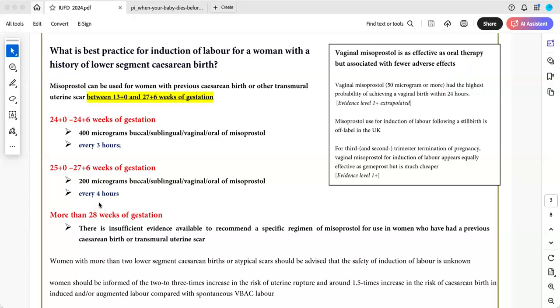So please, my dear friends, take a note here, because we speak here about the late intrauterine fetal death, 24 to 24 plus 6, that 400 microgram every 3 hours, 25 to 27 plus 6, 200 every 4 hours. But once we have more than 28 weeks of gestation, then what do you think the advice is? That there is insufficient evidence about a specific regimen of the misoprostol.